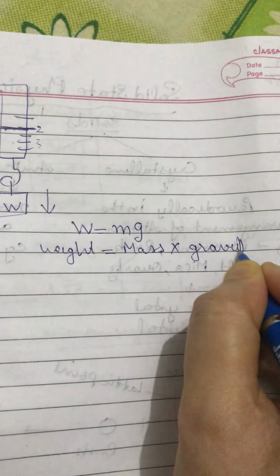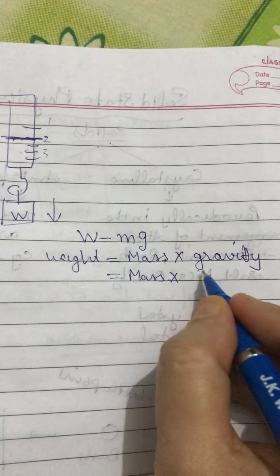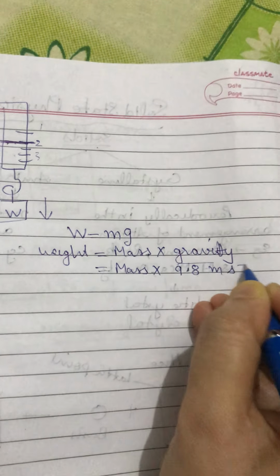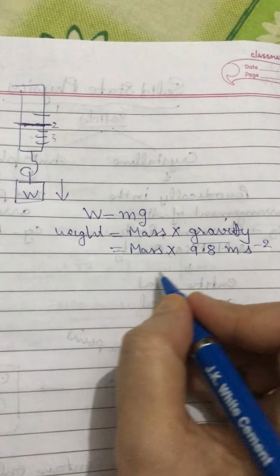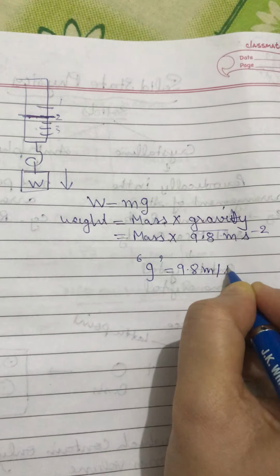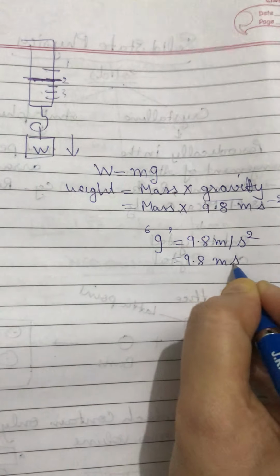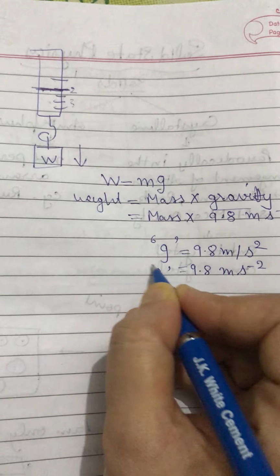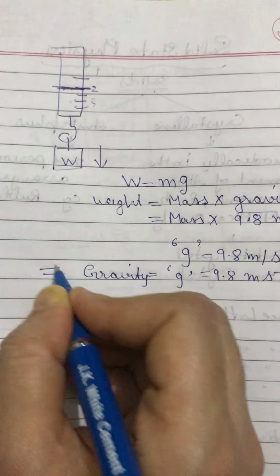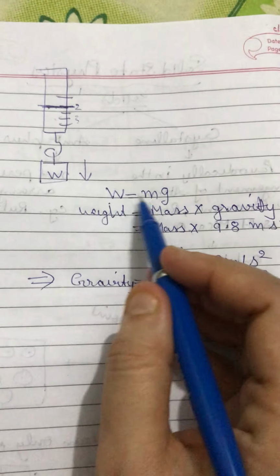Mass is different for different objects, but the value of gravity is the same. The value of g is 9.8 meters per second squared, the earth's acceleration due to gravity. So it has the unit of acceleration. So weight is equal to mg.